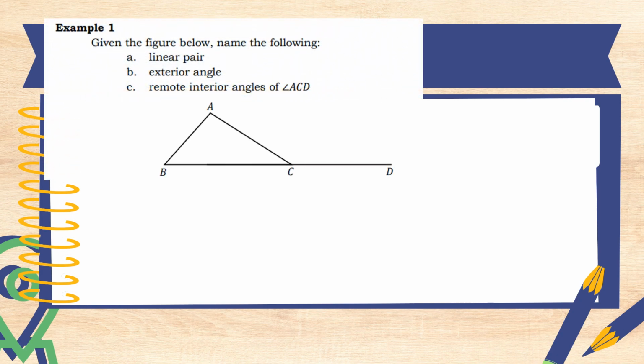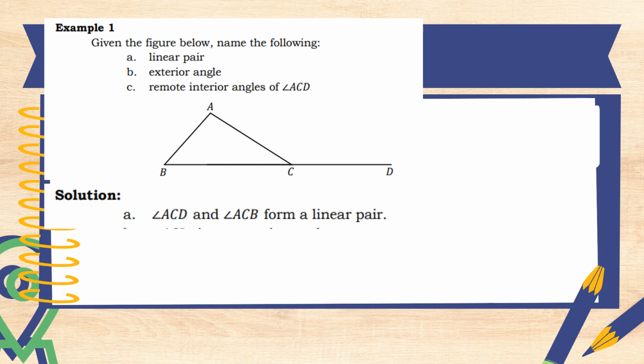Now, let's have example number 1. Given the figure below, let us name the following. Letter A, linear pairs. The linear pairs in this triangle are angle ACD and angle ACB. These two are linear pairs. They are adjacent. What is the exterior angle?